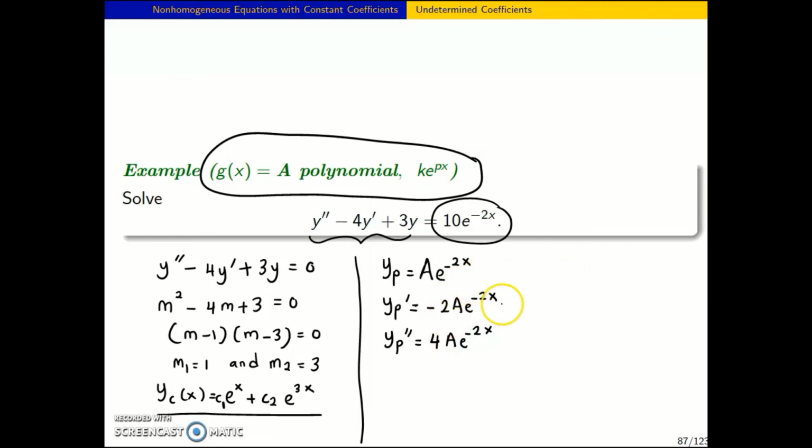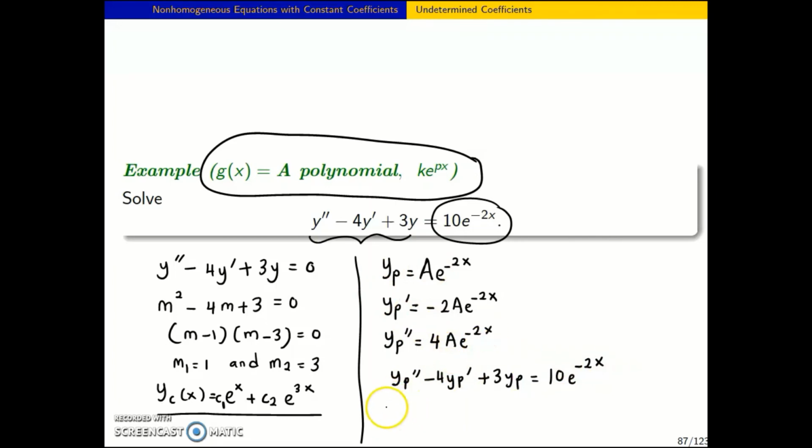Now putting that into the equation, yp double prime minus 4yp prime plus 3yp equals 10 e to the negative 2x.